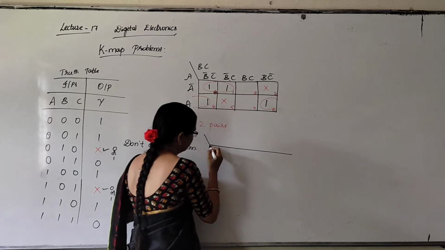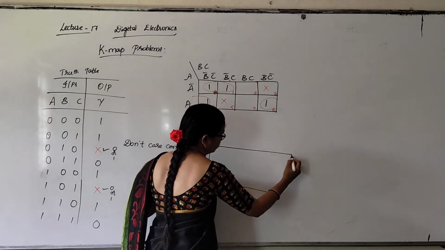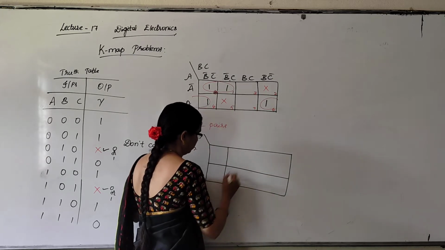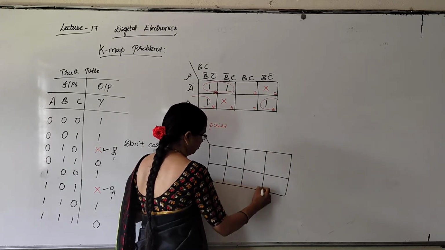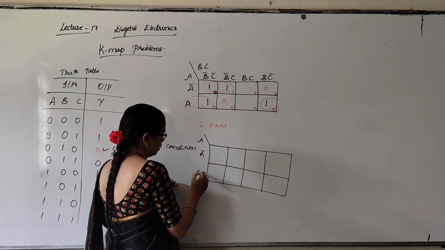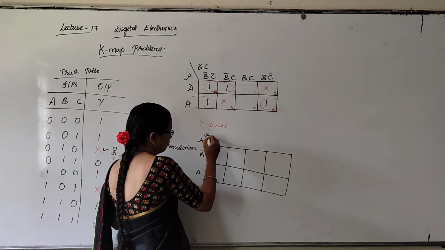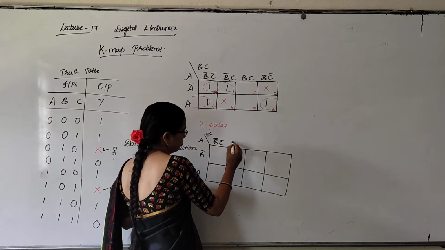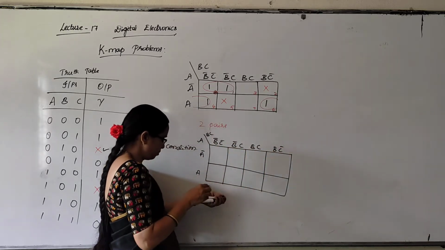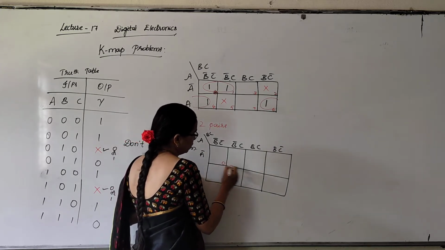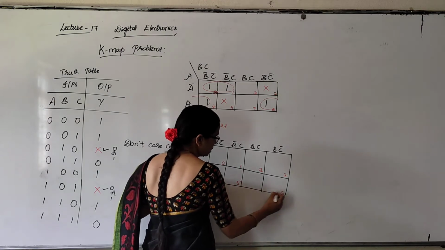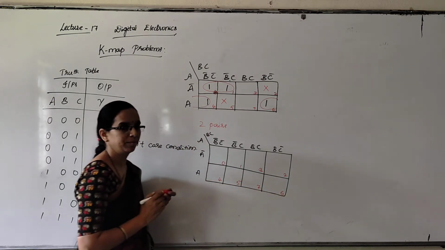Whereas I will draw one more truth table. A bar, A, B bar C bar, B bar C, B C and B C bar. If I mark 0, 1, 2, 3, 4, 5, 6 and 7.